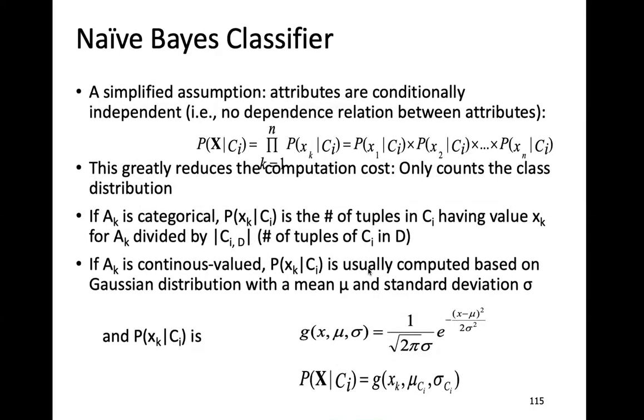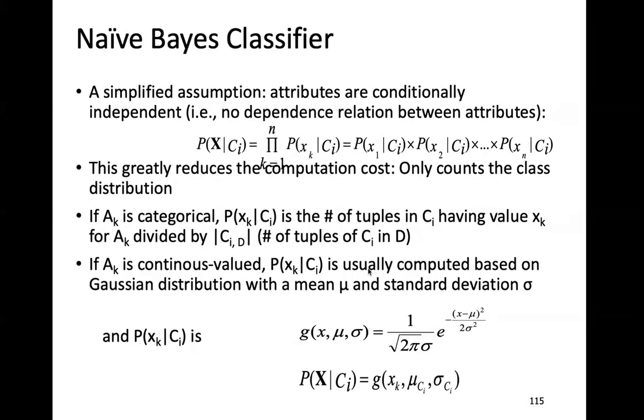What happens with the naive Bayes classifier? In the naive Bayes classifier, we are simplifying the assumptions. Basically, we assume that the attributes are conditionally independent. When things are conditionally independent, the probabilities can be found just by taking a product.